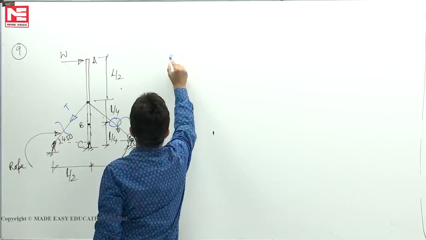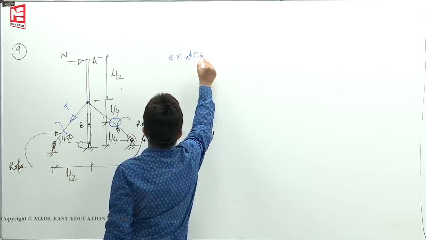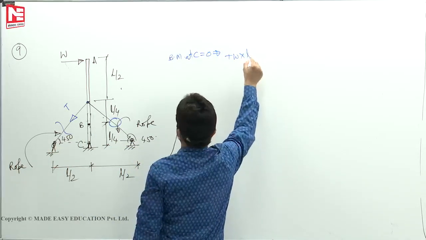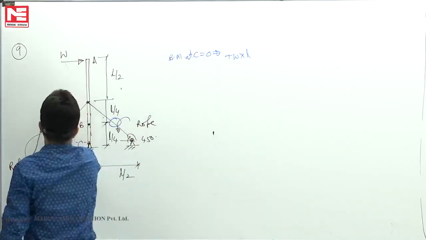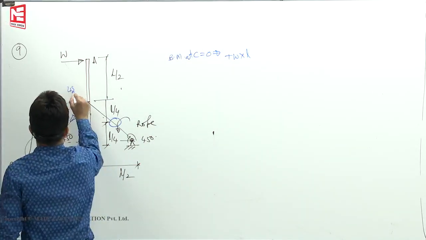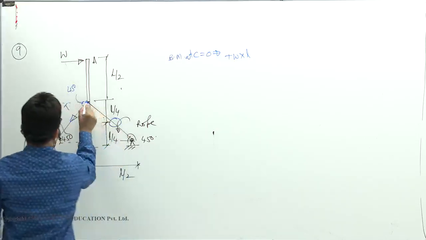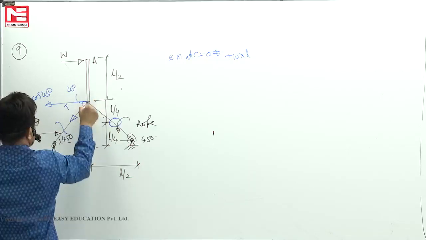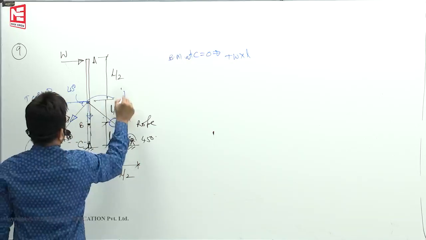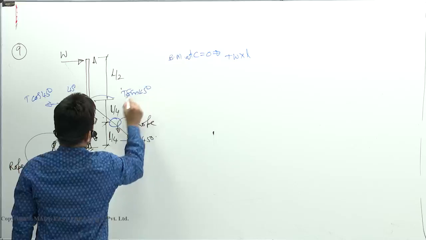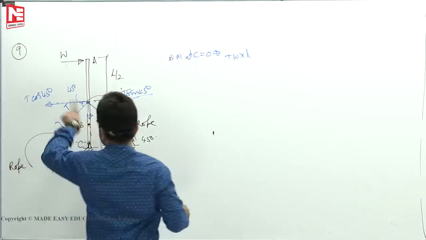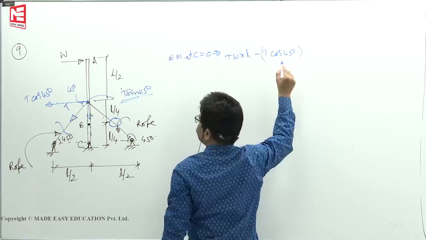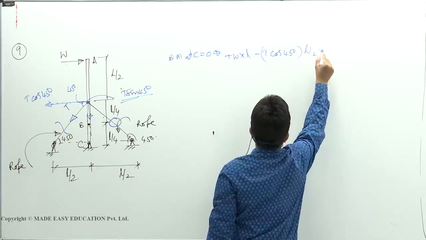So bend moment at C is equal to 0 plus W into L minus, this is 45 degrees, T cos 45 is acting like this. This is T cos 45. And vertical is T sin 45. But T sin 45 will give 0 moment about C. Minus T cos 45 into L by 2 must be 0.